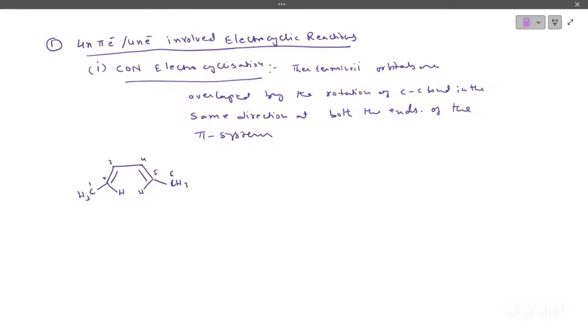Then 2,4-hexadiene. Whenever you are writing it in orbital structure, every carbon in the unsaturation has one unhybridized p orbital. The pi bond I am representing like this.